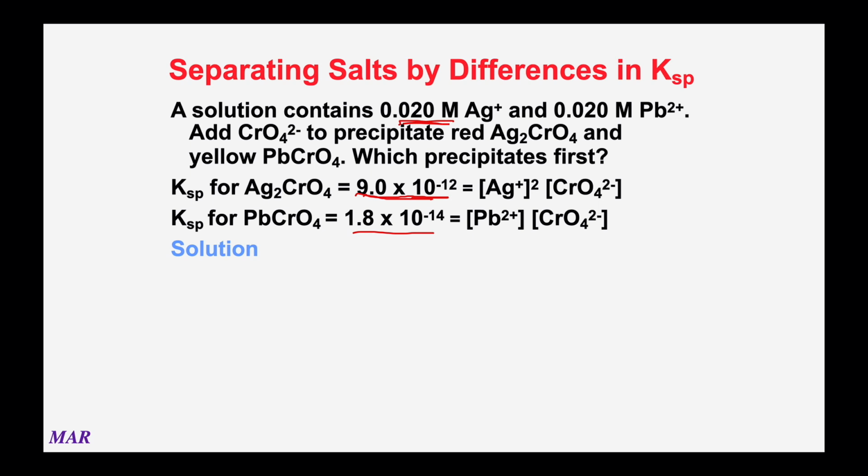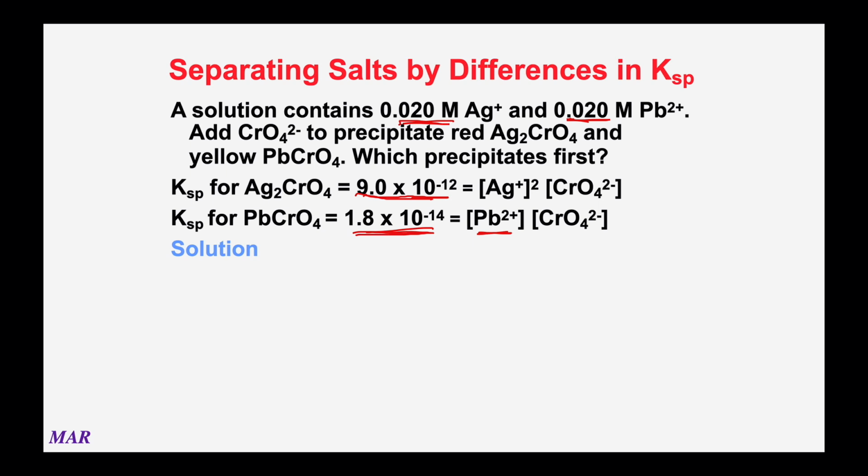In the other set of equations, we're going to use the other KSP, the 1.8 times 10 to the minus 14th. That equals the lead 2 plus concentration, which we're also given, 0.020, times chromate, and we're going to solve for chromate there. Once we have the two values of chromate, one of the numbers will be smaller than the other one. And the smaller value is going to be the indication as to which one precipitates out first.